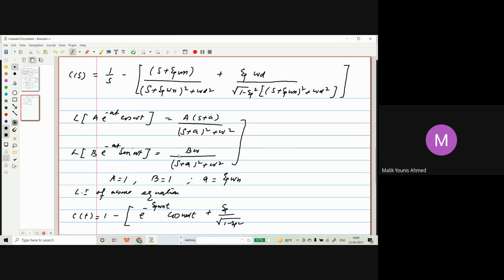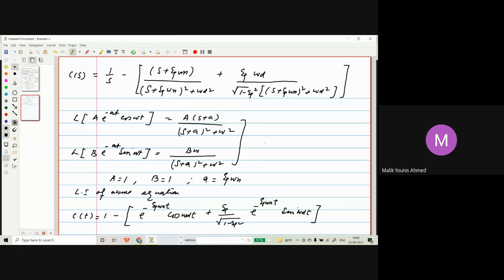B is 1, so it will be e raised power minus xi omega n t. Then it will be sine, as usual in the formula, sine omega d t. So this is the complete formula.